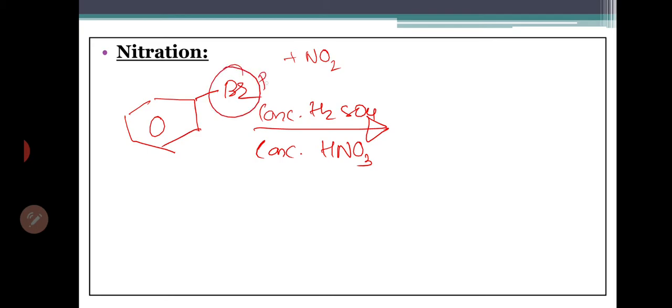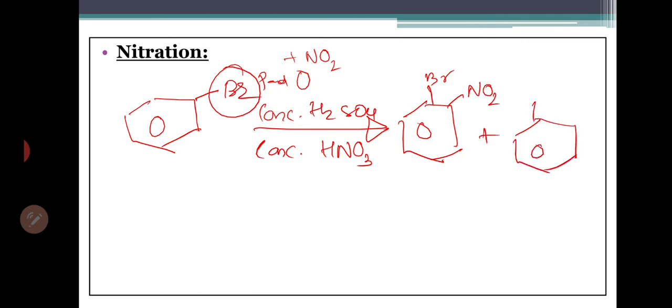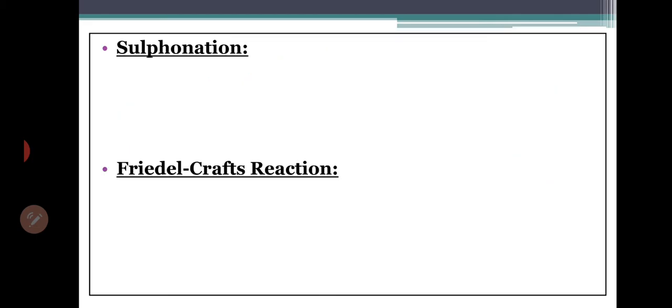Again this is para and ortho, all halogens are ortho para directing groups. So we'll get the ortho isomer and the para isomer: 1-bromo-2-nitrobenzene and 1-bromo-4-nitrobenzene. So this is nitration.